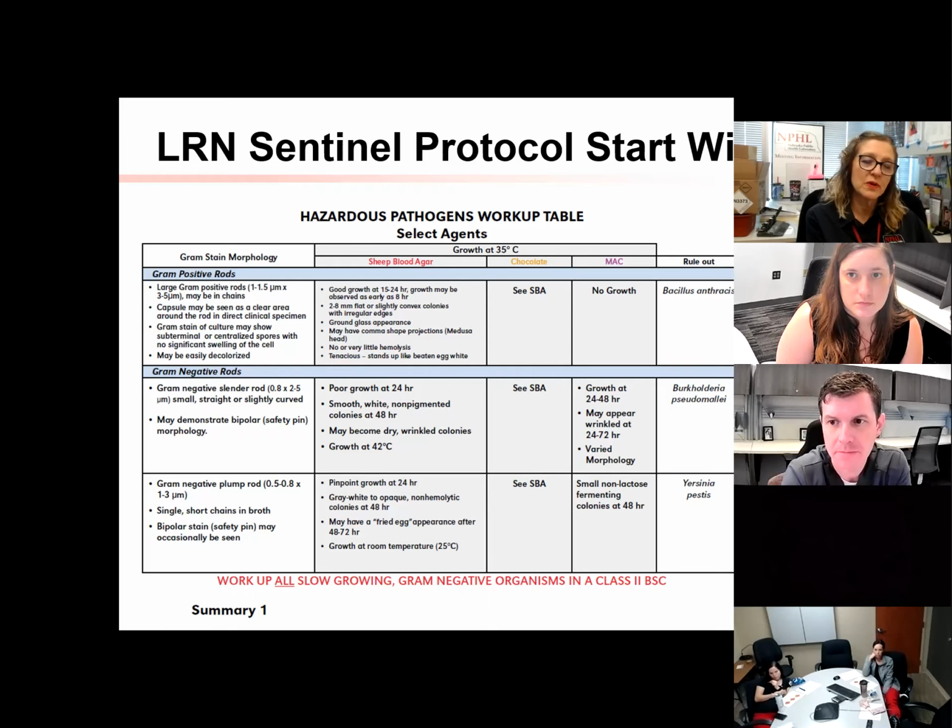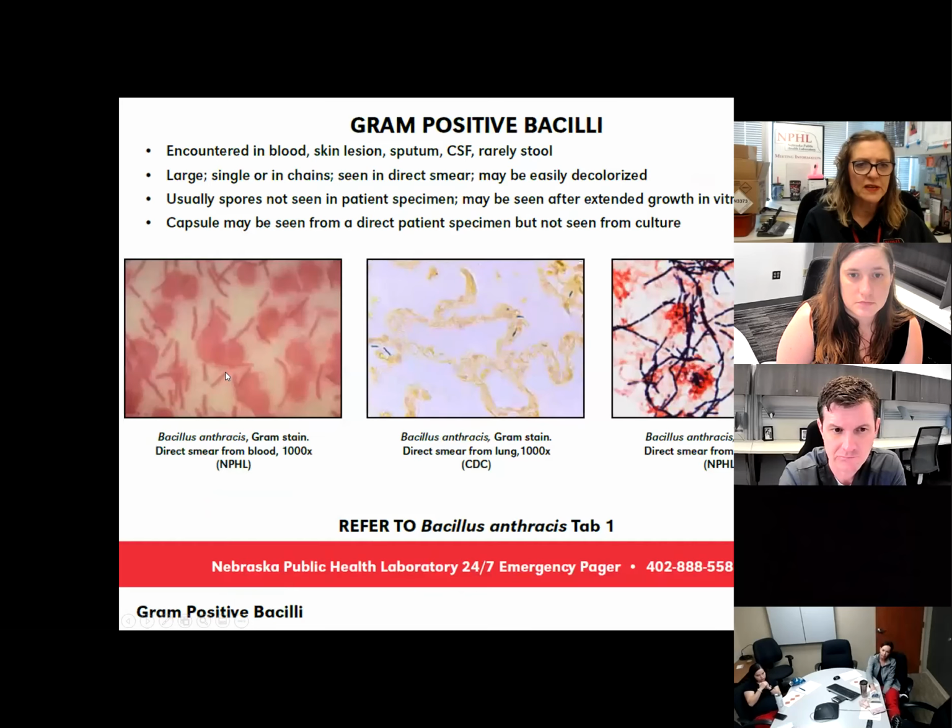So with that trigger point or what you're seeing in the gram stain or seeing on the plate, if you start having a hint that you might have a suspicious organism, we have what is called a workup table. It's usually a summary page. And we've got that for gram-positive rods, for gram-negative rods, and I'm not sure if I shared the other one.